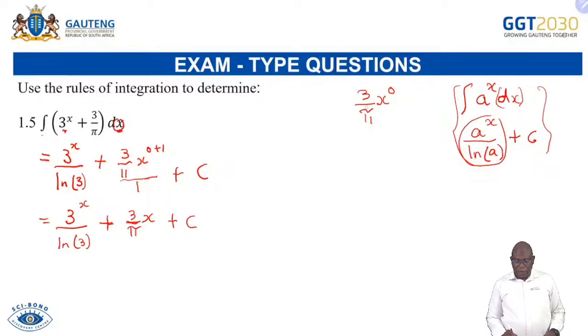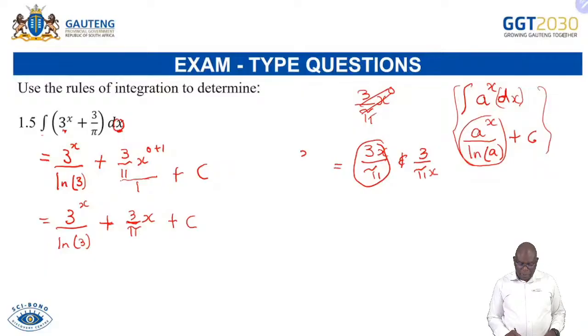Remember, there's a difference between 3x over pi and 3 over pi x. This is the same thing as 3 over pi x.